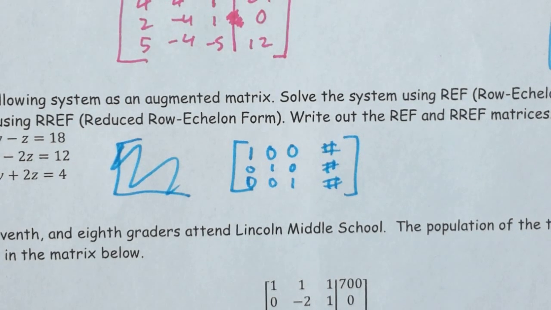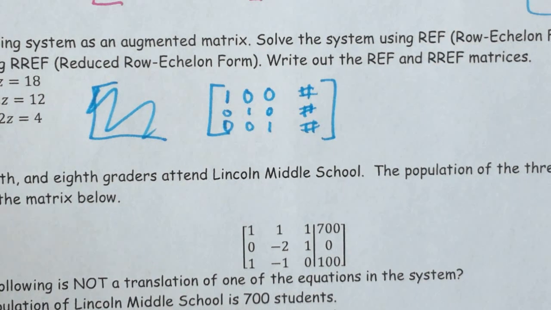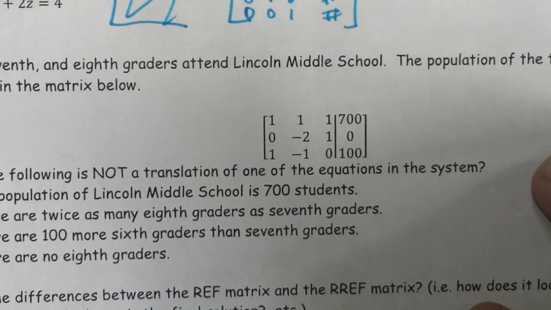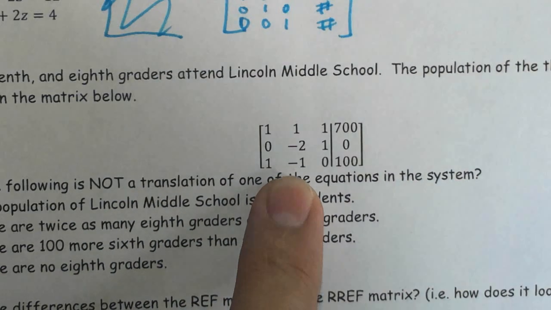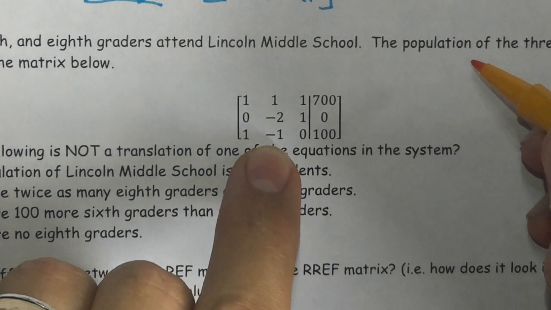What is not a translation of the equation of the system? Okay. So 14. That's interesting. Which of the following is not a translation of one of the equations of the system? Okay. So let's look at this. Let's make this a system of equations first.